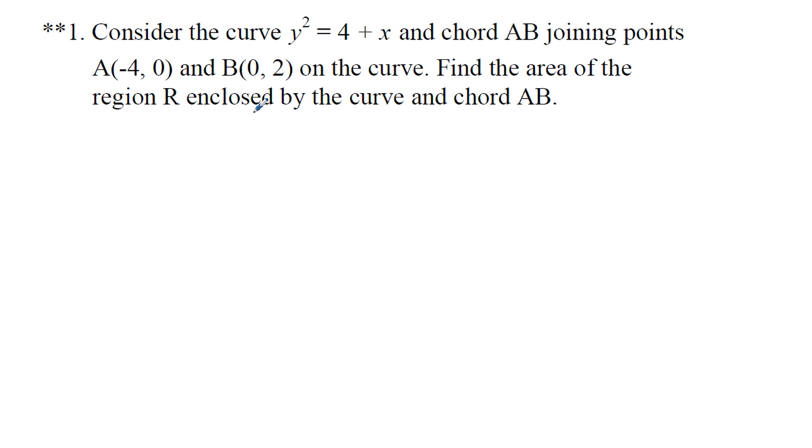Example 1: consider the curve y squared equals 4 plus x and chord AB joining points A, which is (-4, 0), and B, which is (0, 2) on the curve. Find the area of the region R enclosed by the curve and chord AB. So we're going to make a little sketch here.